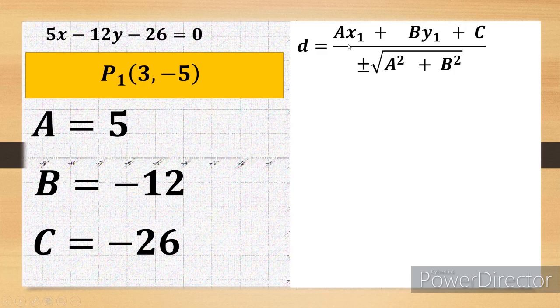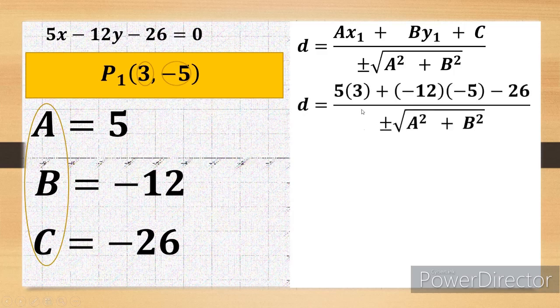So, we already have the values of a, b, and c. And kung napapansin natin, we have here x sub 1 and y sub 1. So, yung values nito, kung ano yung point natin. X sub 1 for the x value here, and y sub 1 for the y value. So, we have x sub 1 is 3, and y sub 1 is negative 5.